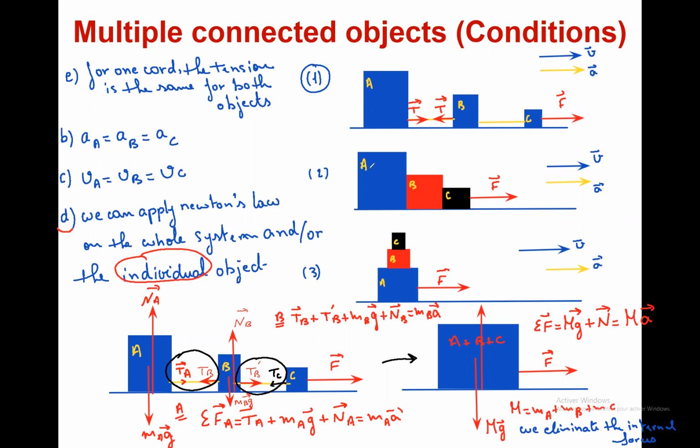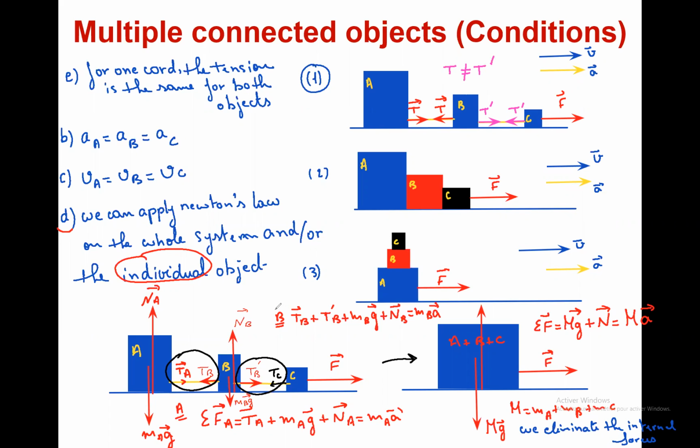We can take another cord between B and C, where we have T prime B and T prime C. But be careful, T is not equal to T prime, because you have two different cords. When we talk about the same cord, the tension is the same.